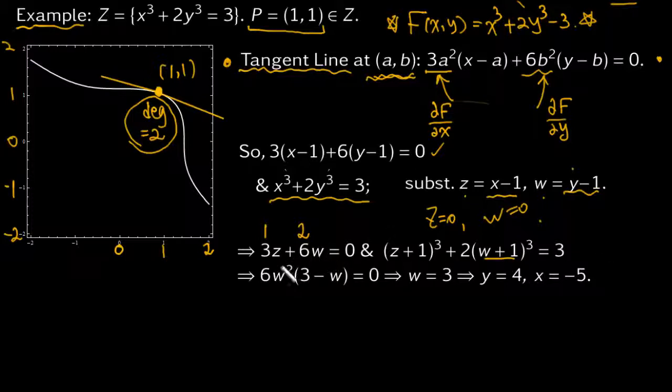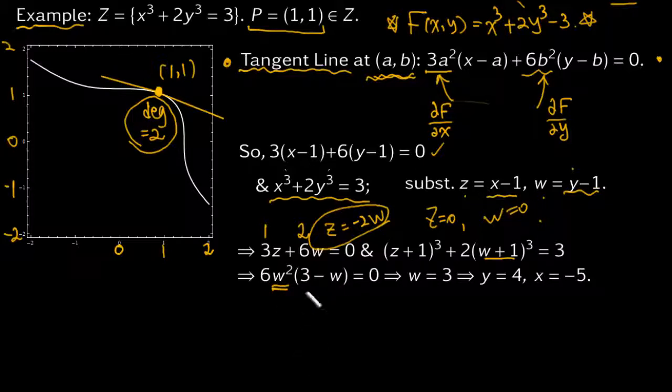You can write z equals negative 2w, right? If you solve this one for z, you can substitute in here. You expand all that, replace the z with negative 2w, and expand all that. And you will see this w squared showed up, and that corresponds to this multiple solution in there.